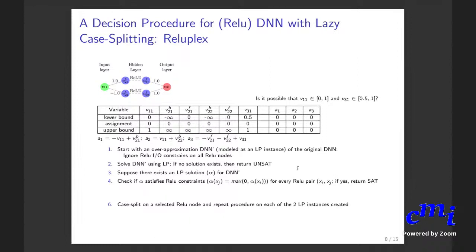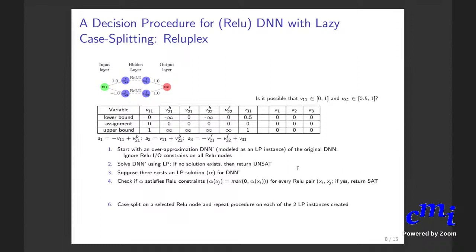And then one of these will be violated, because to start with, all of them are 0, so A3 will be 0. But this one says V31 has to be between 0.5 and 1. That's a program variable. So you will have to first change this V31 to be 0.5.